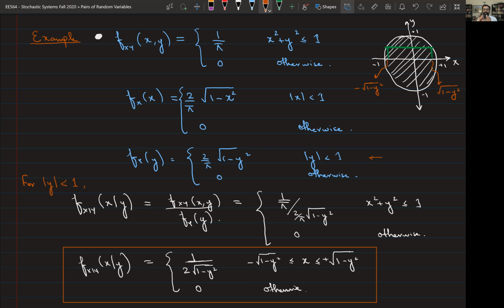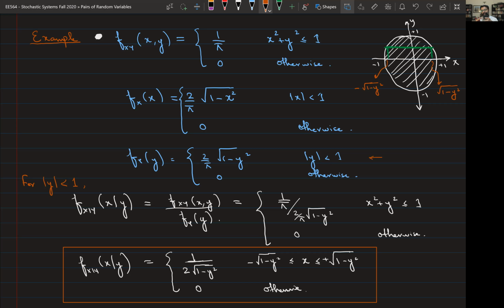So the width of that uncertainty is very small, and the variance of x is going to be very small. Given that y is close to either +1 or -1, exactly the same thing happens. The biggest amount of uncertainty is when somebody tells you that the y coordinate is 0, and that means x could be anywhere between -1 and +1.